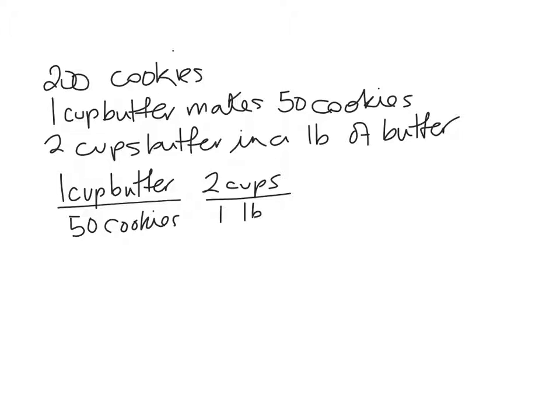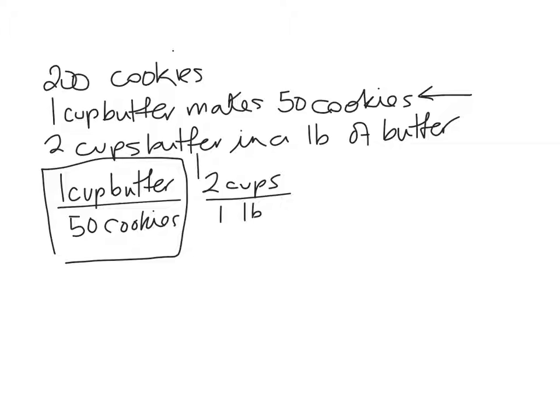So all I did was I took the second statement here and I made it into a ratio. You could write 50 cookies over 1 cup. It doesn't matter how you write it, the relationship will stay the same.